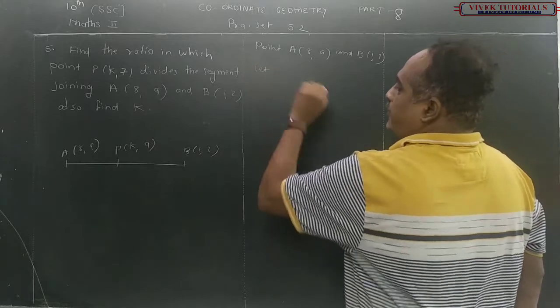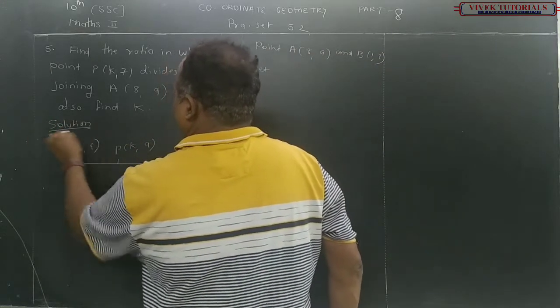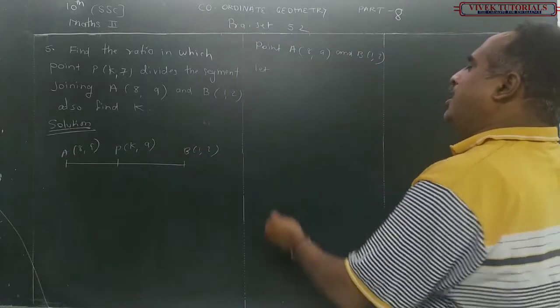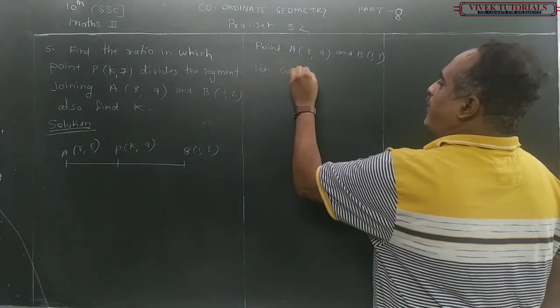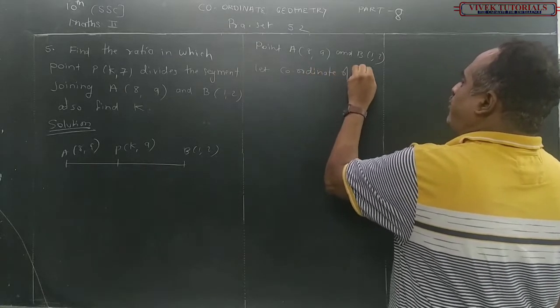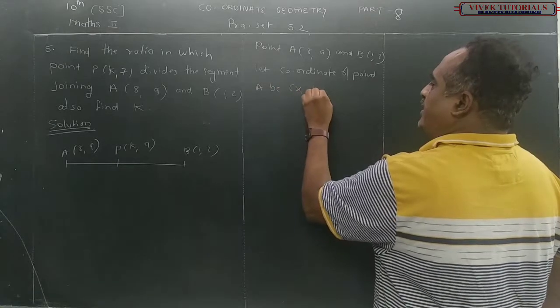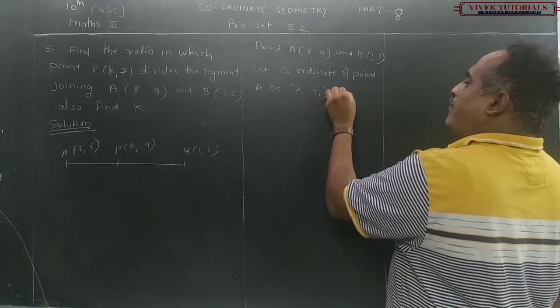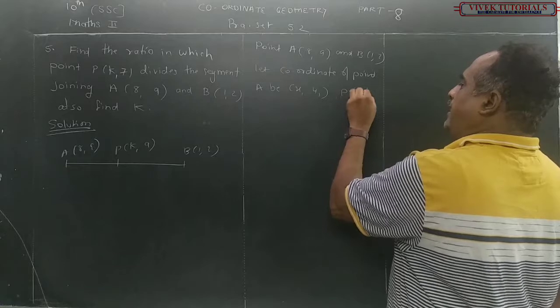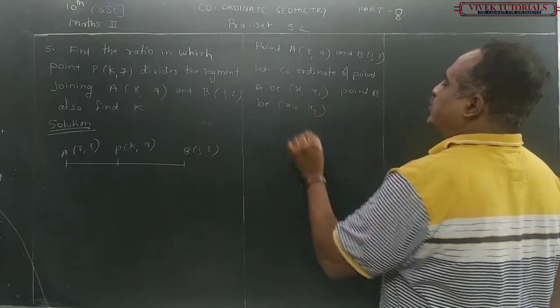Let this be the solution. Let the coordinates of point A be x1, y1, and point B be x2, y2.